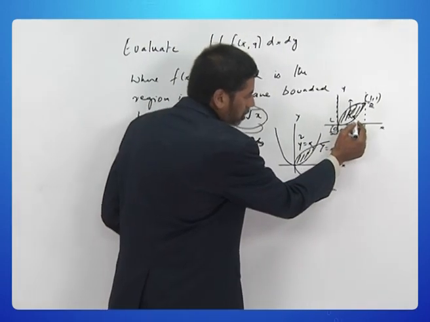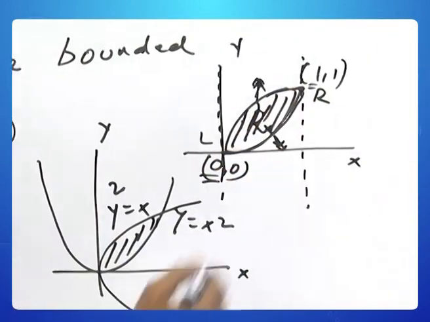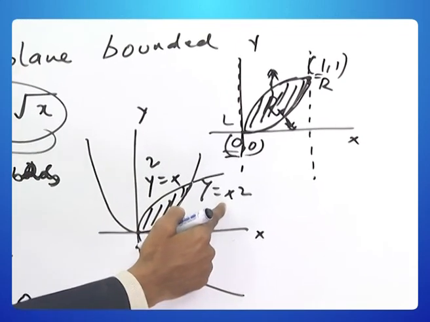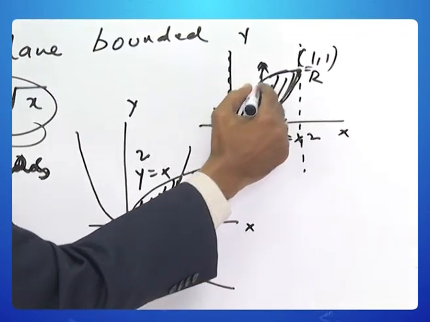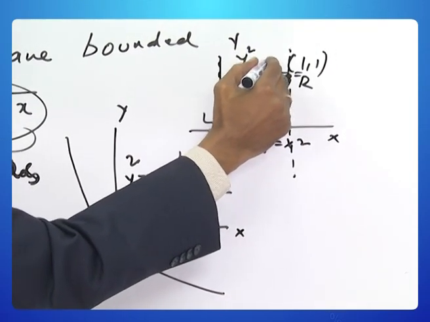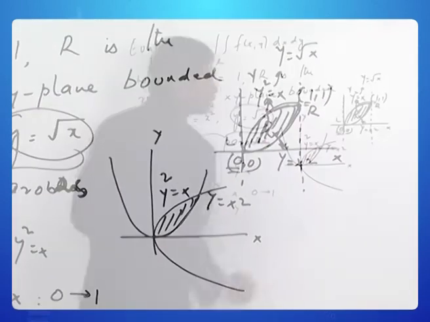y limits, this is the lower limit, this is the upper limit. So what is this curve? That is the same as this curve. So its equation is y is equal to x squared. And this curve is y square is equal to x. So you can write this as y is equal to square root of x.